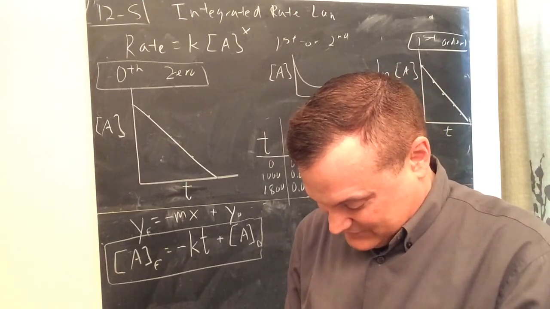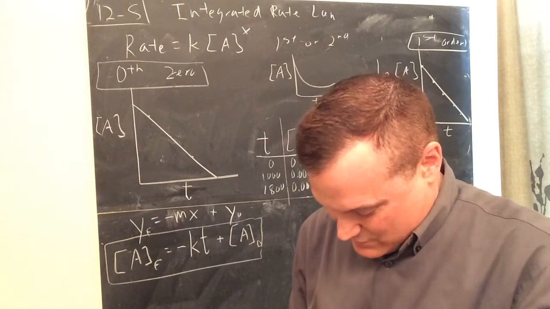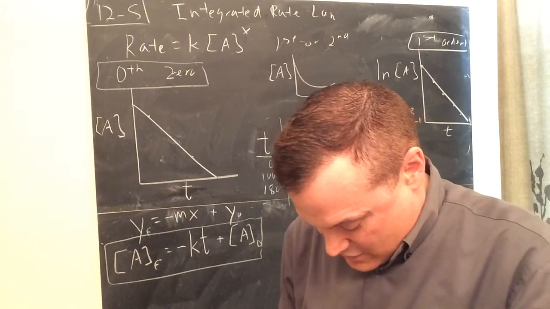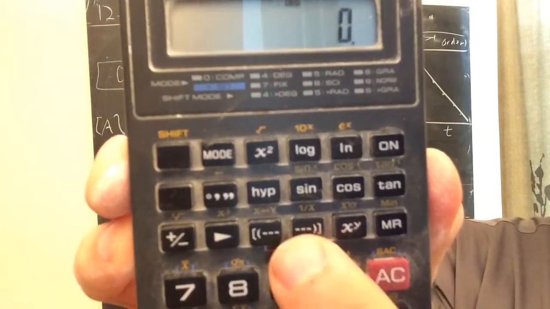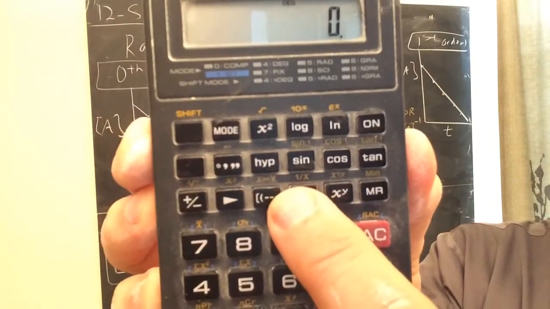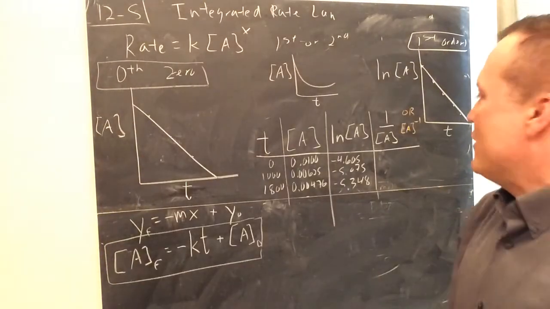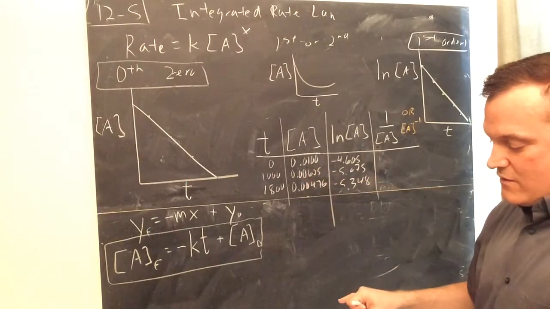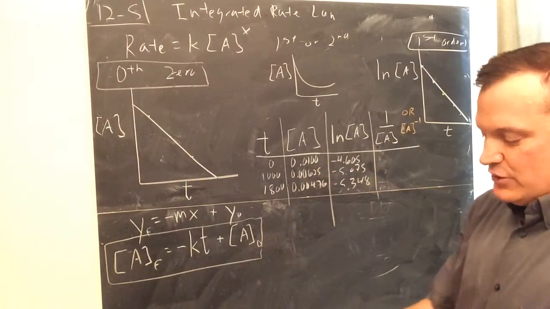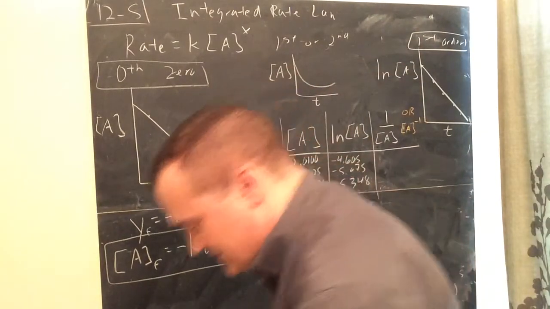Oh, it is. I do have it. Wow, here it is. Look above this little bracket thing. Do you see there's a 1 over X? But I have to push Shift and then that button to do 1 over X. Okay, so what are you going to do? I'm going to take 0.0100 and push shift and then that button and I get the number 100, and that makes sense.